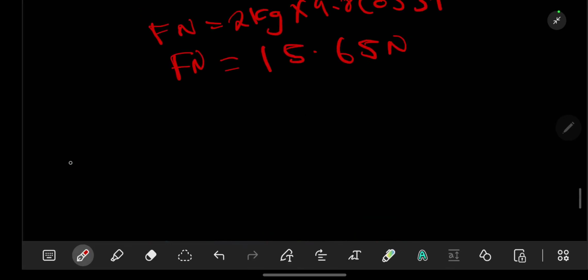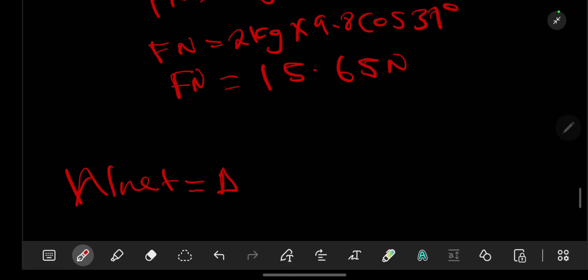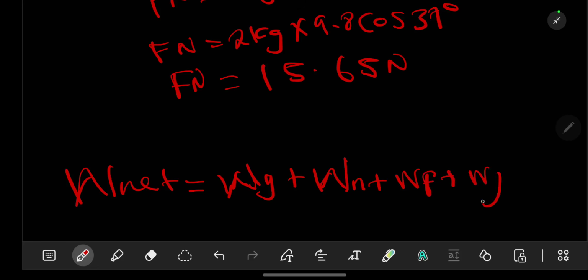So we can say the net work done is equal to, not the change in the kinetic energy, let's just find the net work done. The net work done is the work done by gravity plus the work done by the normal force plus the work done by a force plus the work done by the frictional force.